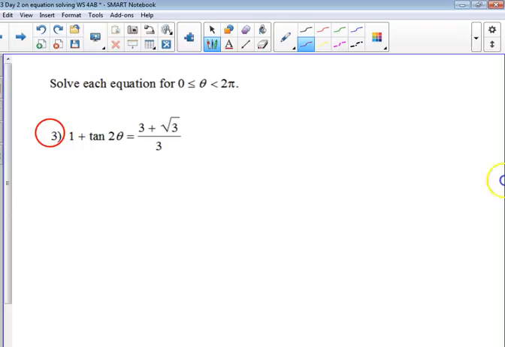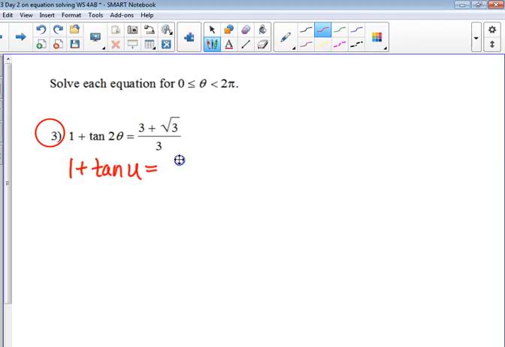Let's try this one. Again, they made this a mess. It's not really a mess. 1 plus, I'll call it the tangent of u, plus tangent of u equals.